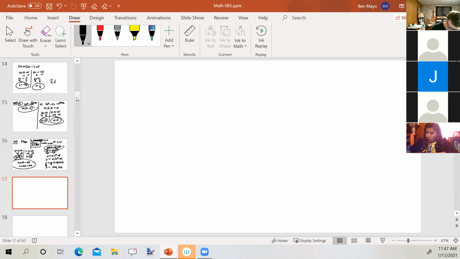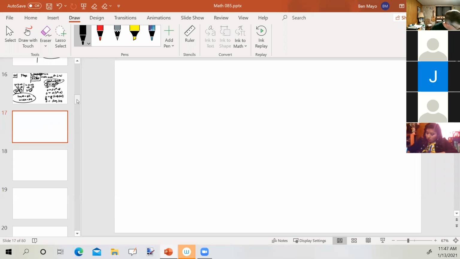This next problem says jeans, as in blue jeans. The height of the triangular shaped logo on a pair of jeans is 1 centimeter less than the length of its base. If the area of the logo is 15 square centimeters, find the length of the base and the height.